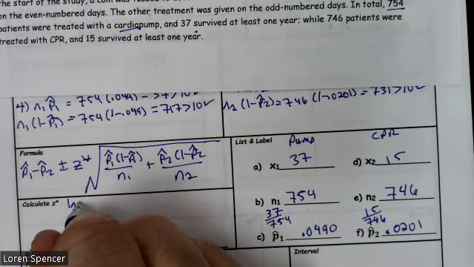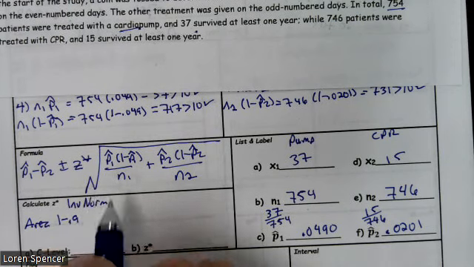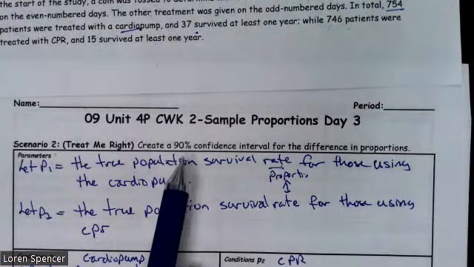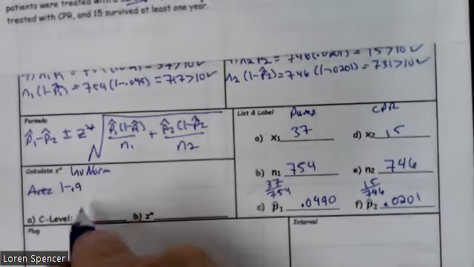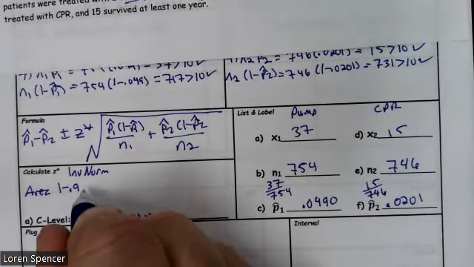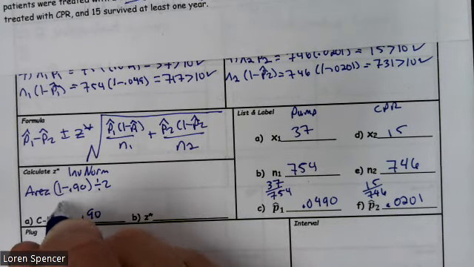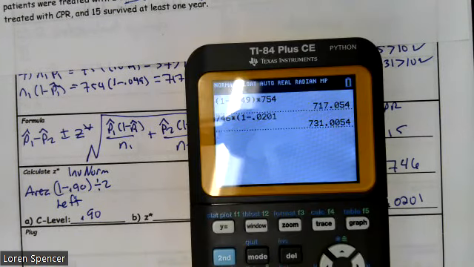The next thing says calculate z star. So this is going to be an inverse norm. And our area is going to be 1 minus 0.9. They want us to run a 90% confidence interval. So our C level is 0.90. 1 minus 0.90, make sure that's in parentheses, divided by 2. And we're going to go left if your calculator has that.